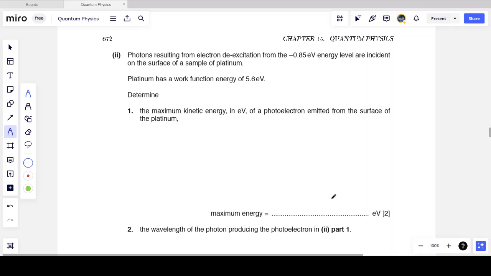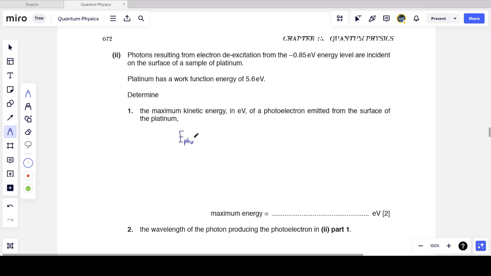We want to determine the maximum kinetic energy in electron volts of a photoelectron emitted from the surface of platinum. Well, that's a lot of information.